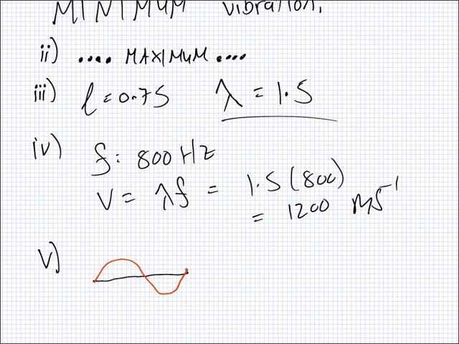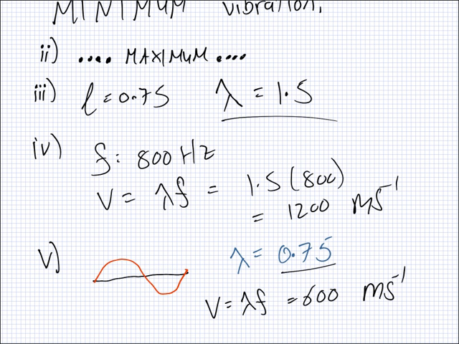So in this one, the wavelength is now different, it's 0.75. So if you recalculate V equals lambda F, basically your answer will be 600. It'll be half the size, because the only difference is the lambda now is this instead of that. Half the size.